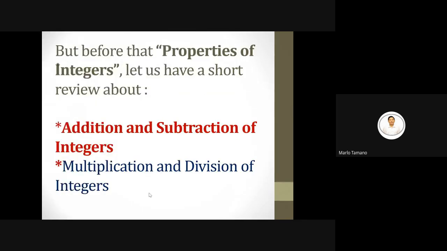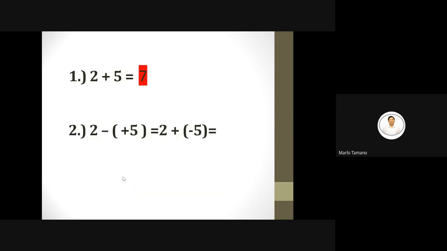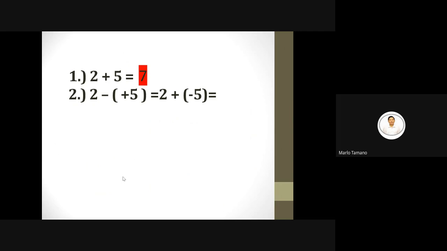But before the properties of integers, let us have a short review about addition and subtraction of integers, multiplication and division of integers. First, we have here 2 plus 5. The answer is 7. Number 2, 2 minus positive 5, and that is equal to 2 plus negative 5.